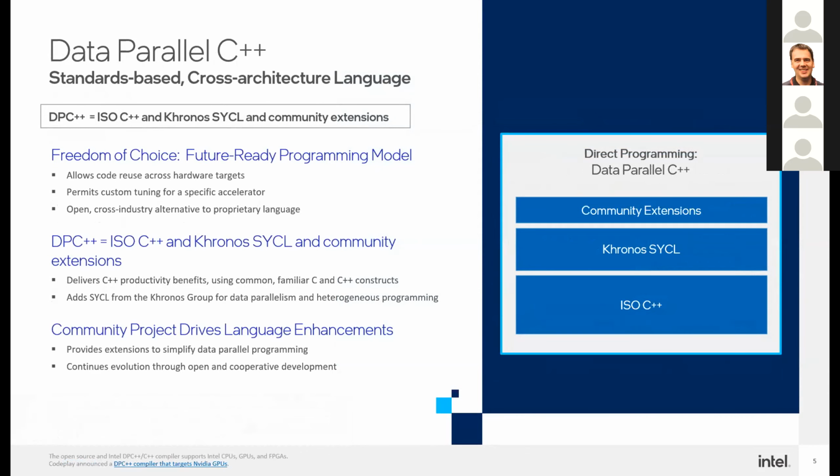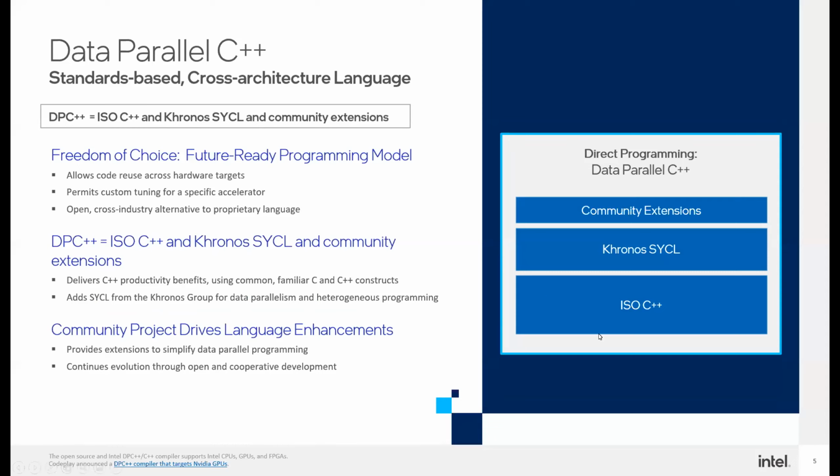So Data Parallel C++ is a standards-based, cross-architecture language. It is built on top, and I think that can very well be seen here on the right side, of the C++ standard, version 17.